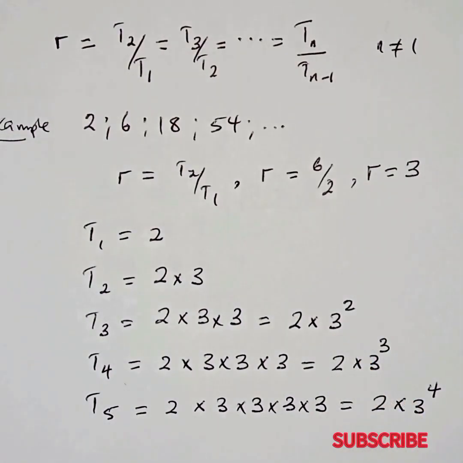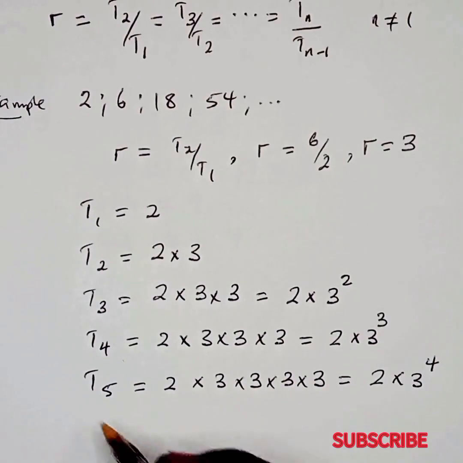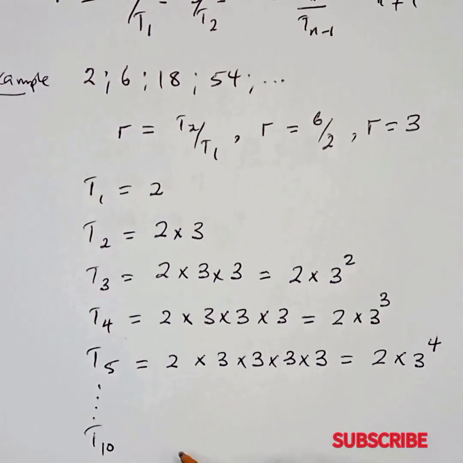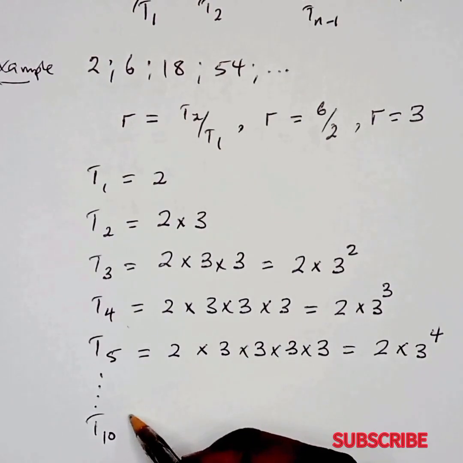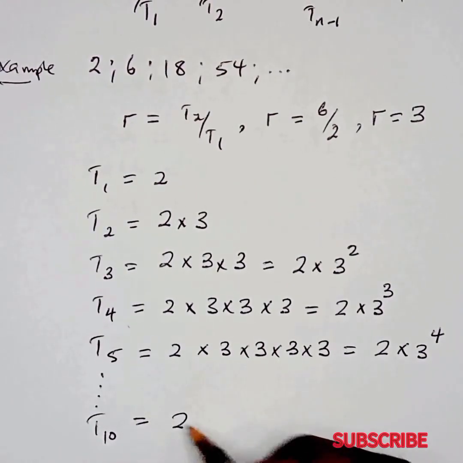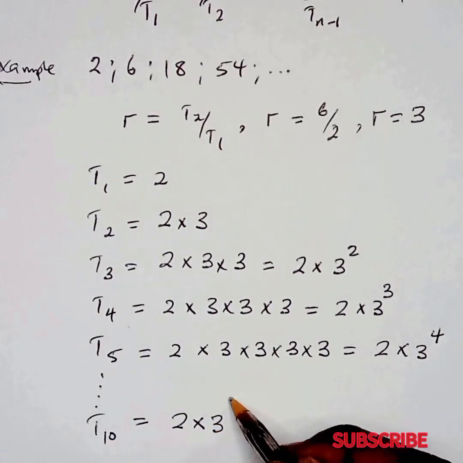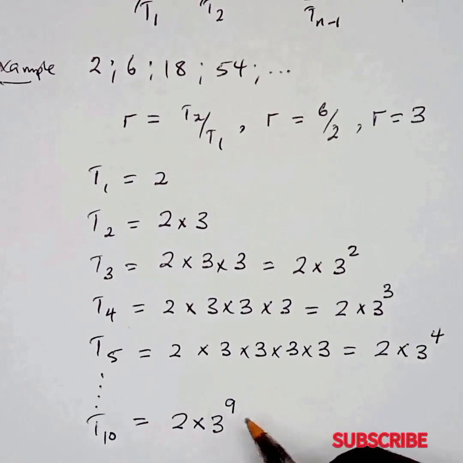And in that regard, we can easily find any term. For example, we can find T10. We can say T10 is equal to 2 times 3 to the power 9, because we are saying 2, the first term, times the common ratio to the power n minus 1, and n is 10.